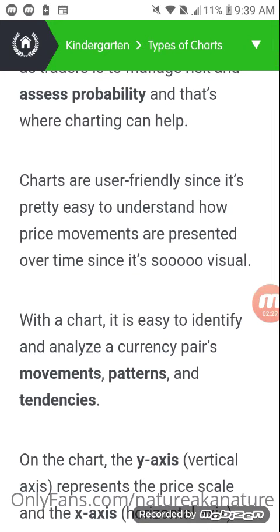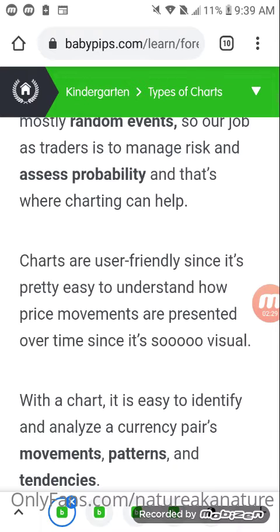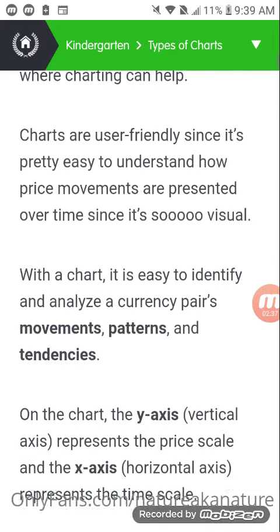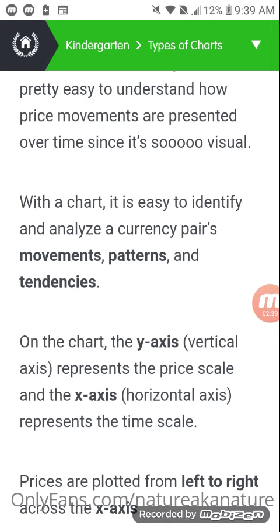Charts are user friendly, since it's pretty easy to understand how price movements are presented over time, since it's so visual. With a chart, it is easy to identify and analyze a currency pair's movement, patterns, and tendencies.